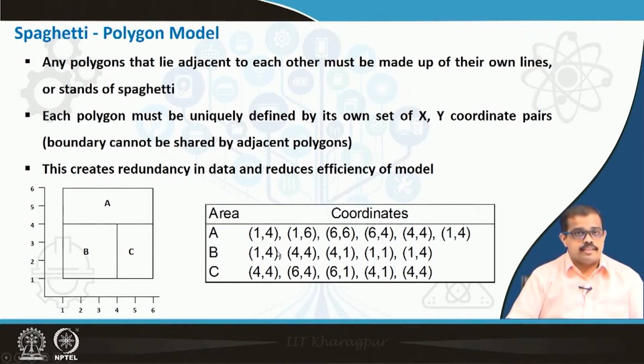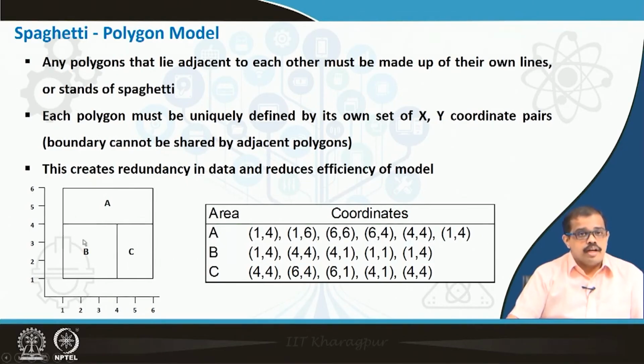For example, when I say A is a polygon here, it is bounded by 1, 4, 1, 6, 6, 6, 6, 4, 4, 4, 1, 4. If you look at this, this is 1, 2, 3, 4, 5 line segments, so 6 line segments.